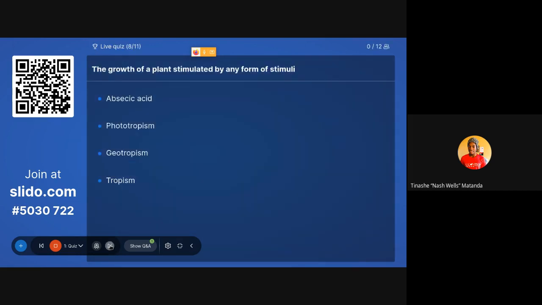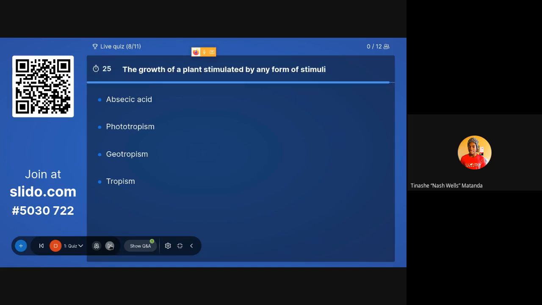And the next, the growth of plants stimulated by any form of stimuli is called what? The growth of a plant stimulated by any form of stimuli. Abscisic acid, phototropism, geotropism, or tropism. Which one is it? 7 answers locked in, 8 answers locked in, and 9 answers locked in.